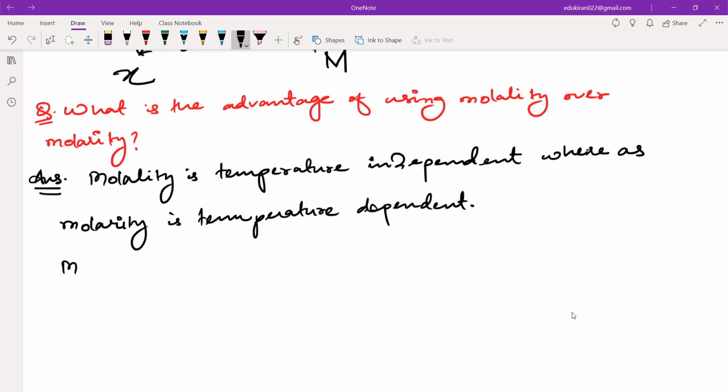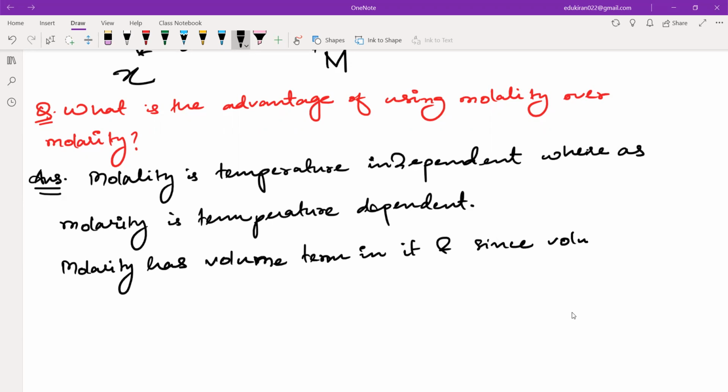Because molarity has a volume term in it, and if I increase the temperature, the volume of anything increases. So volume is temperature dependent.